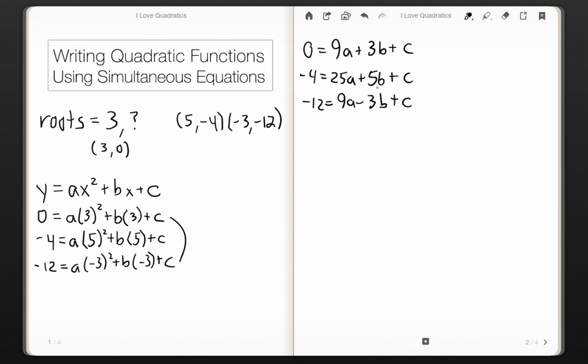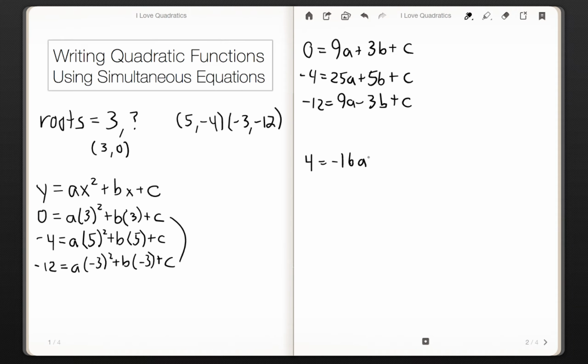The way we do this, in case you don't remember, is we have to eliminate one variable at a time. So is there a variable where we have the same number of that variable in 2 of these equations? Well, look at the first 2. We have 1c in both. So we can subtract the second equation from the first one to get rid of the c's. So we will have 0 minus -4 equals 4. 9a minus 25a is -16a.